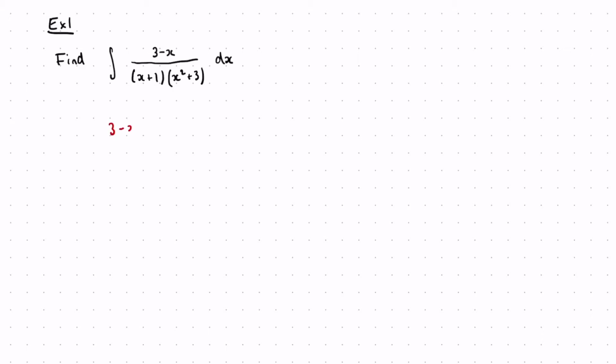So we have 3 minus x over x plus 1 times x squared plus 3, and we're going to set this up as A over x plus 1, and because this is x squared plus 3, we're going to have Bx plus C over x squared plus 3.